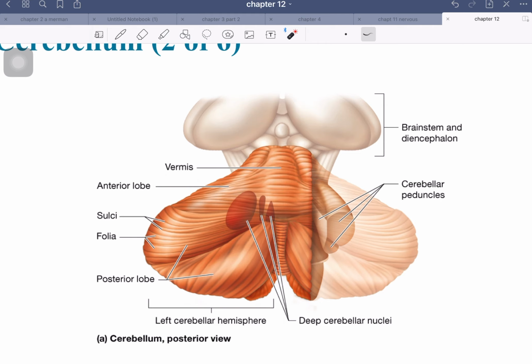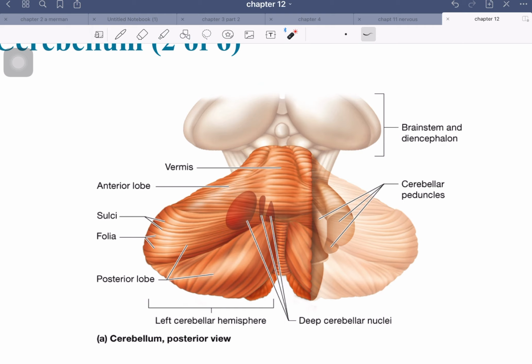Up here you can see the brainstem and the diencephalon, so you should start to recognize some of these structures of the diencephalon. They've made it see-through here because they want to show you that there are connections between the brainstem and the cerebellum, because, as I said, the cerebellum is about processing a lot of information.